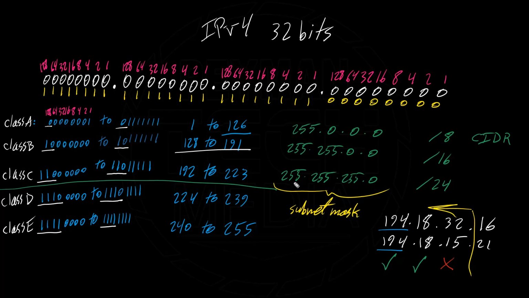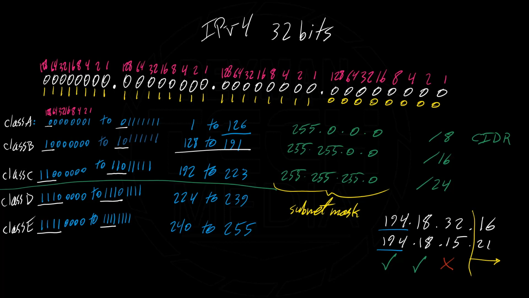It means that the first, second, and third octet must match. 194, the first matched. 18, the second octet matched. 32, the third octet not matched. So these 2 IP addresses are not on the same network. And these addresses here are known as host addresses. So one computer, let's say .16, the other computer .21.